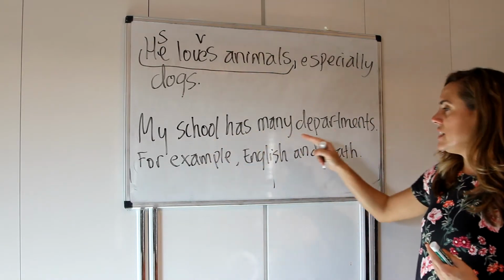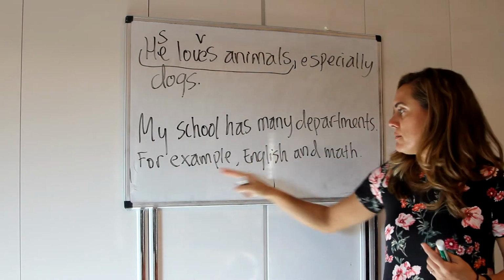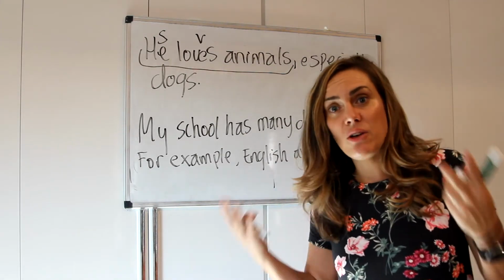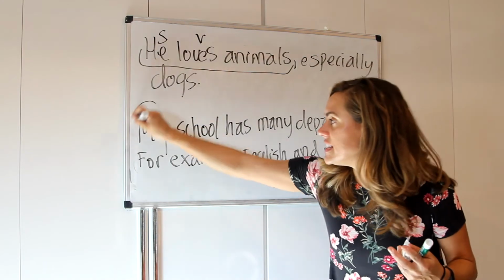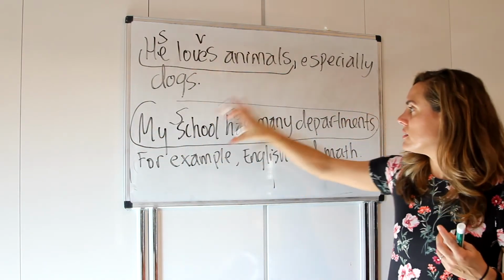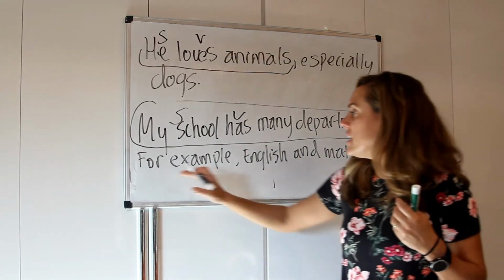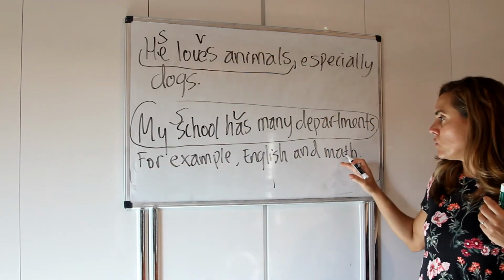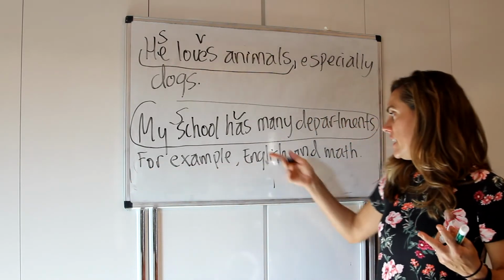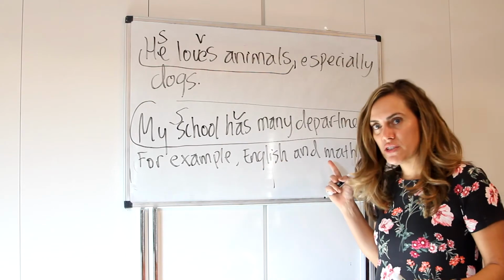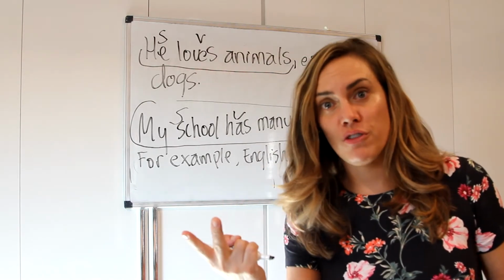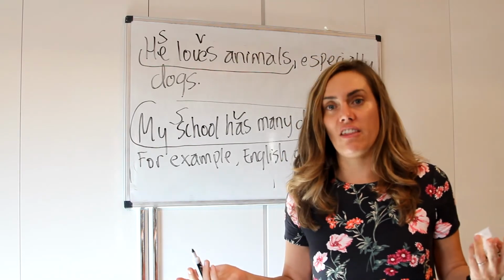So here's another example of the same type of fragment, extra information fragments. "My school has many departments. For example, English and math." Okay, there's just two. But here it sounds like a great sentence, and this is a complete sentence. It has a subject, a verb, and a complete idea. But here we have the words "for example, English and math." And that is supposed to be a sentence, but it's not a sentence because it doesn't have a subject, it doesn't have a verb, and therefore it doesn't have a complete thought.